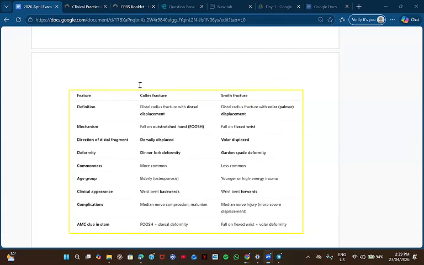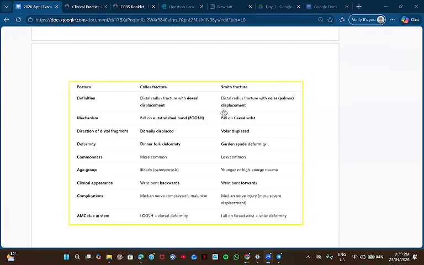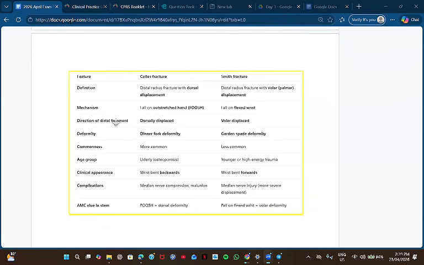So, what is the Colles fracture? It's a distal radial fracture with dorsal displacement. What is a Smith fracture? A Smith fracture is a distal radial fracture with palmar displacement, right? The mechanism of Colles fracture is fall on outstretched hand.